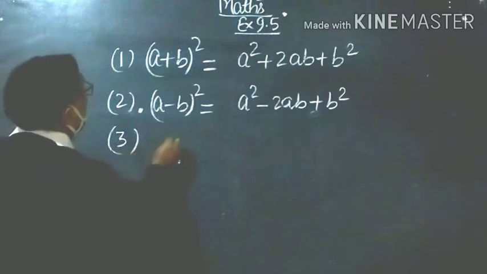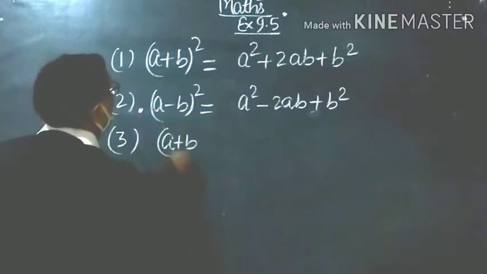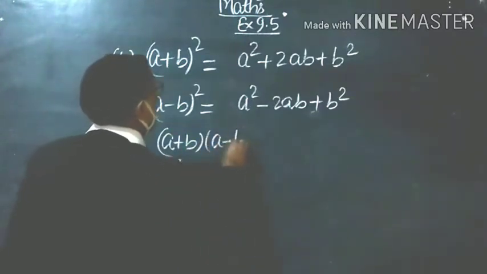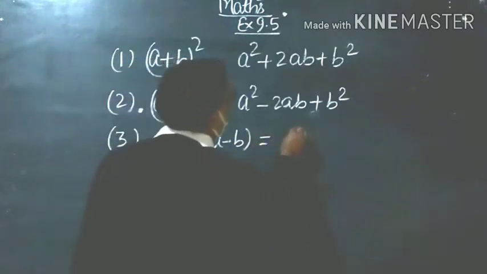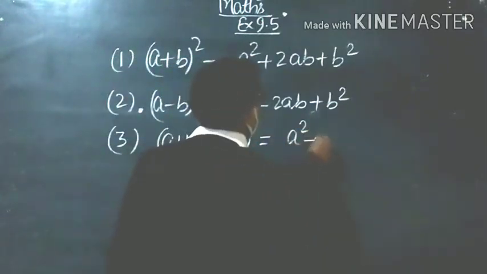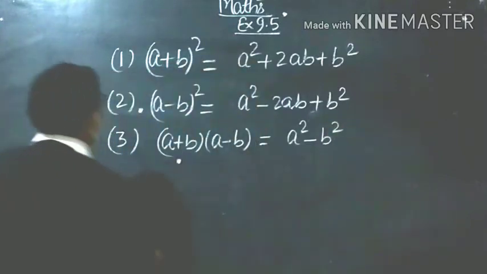Third, (a plus b) into (a minus b) is equal to a square minus b square.